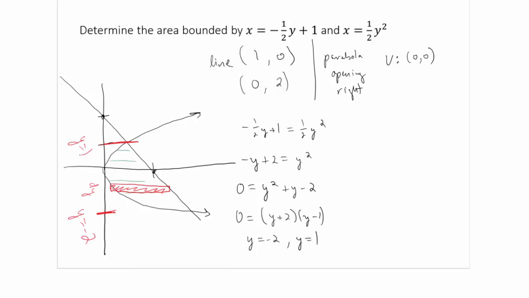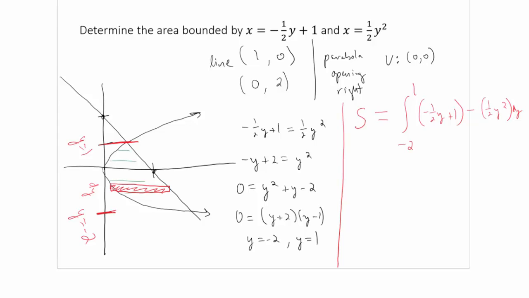My lower function is the leftmost. So if I'm going to write this integral for S, it would be from negative 2 to 1. The rightmost function would be the line, negative 1/2 y plus 1. The leftmost function would be the parabola, 1/2 y squared. And I'm integrating with respect to y.